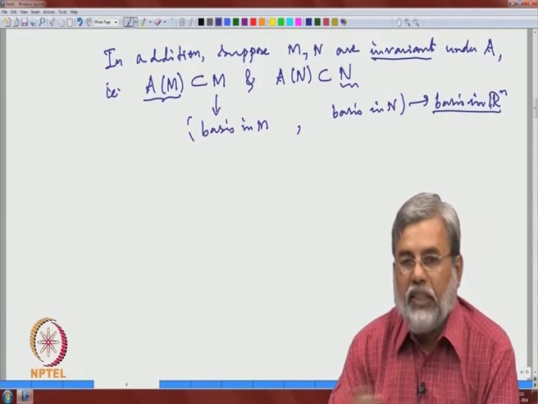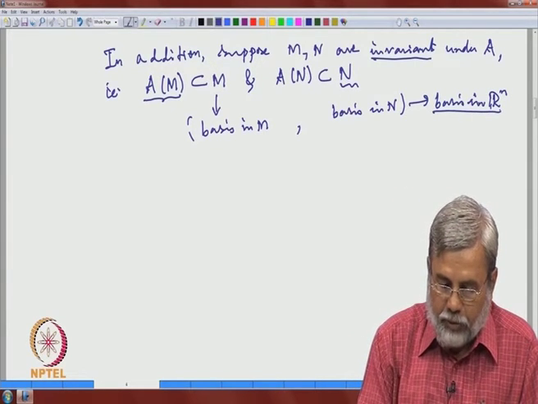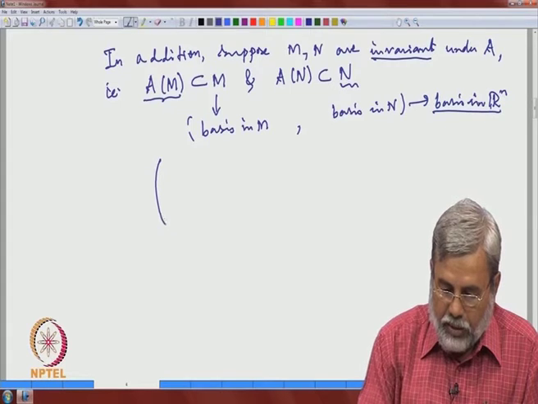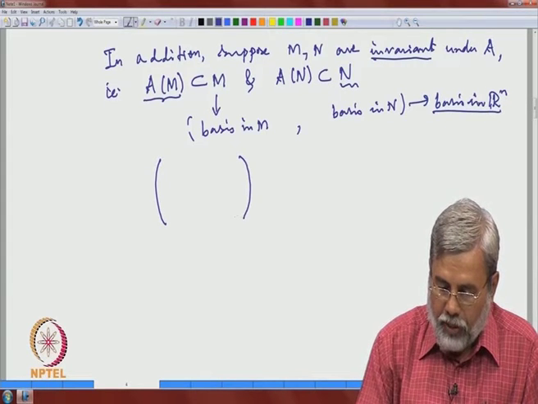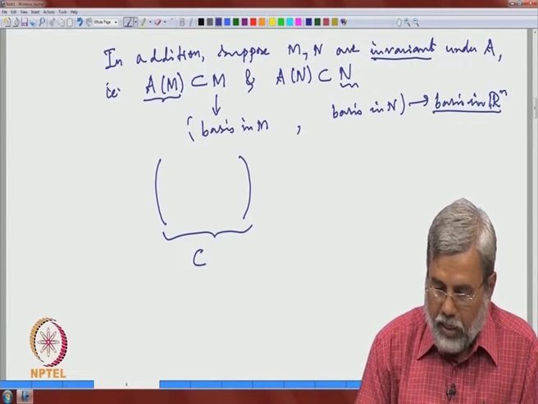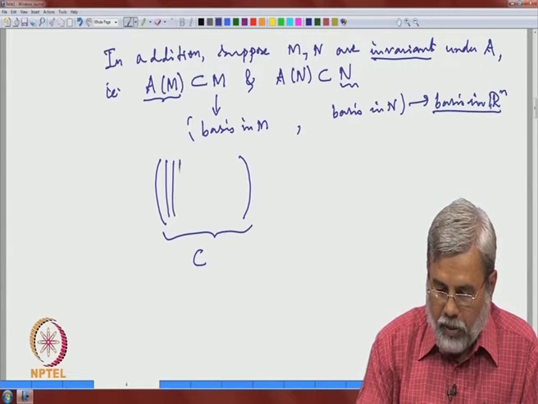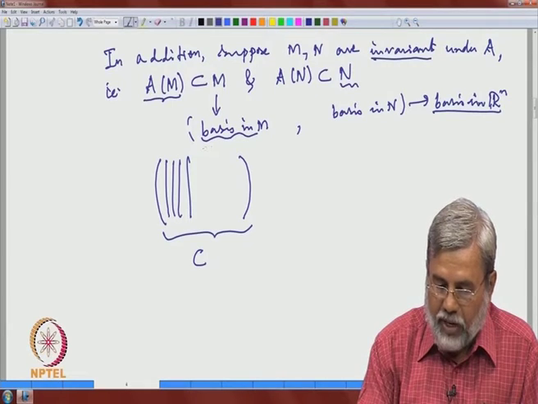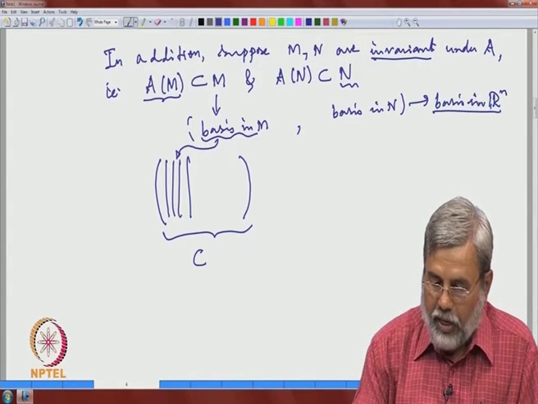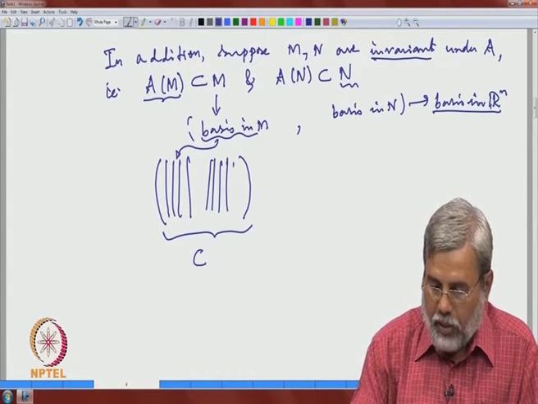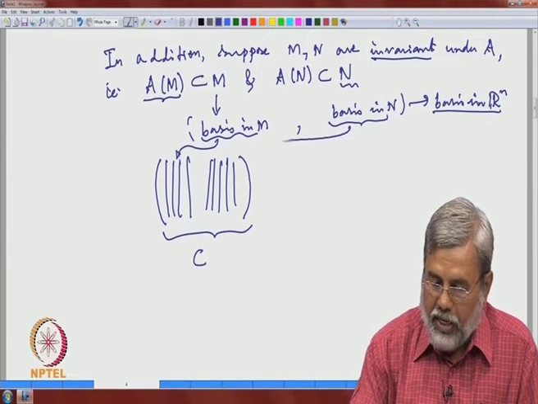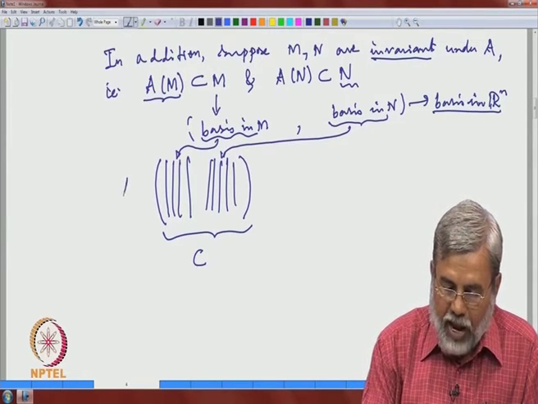Now, you take those basis elements and form this matrix C. Okay. So, this is C and you put the basis elements of M here and then you put basis elements of N here, okay, and then you act A.